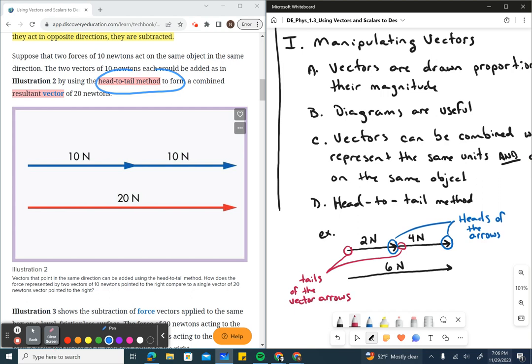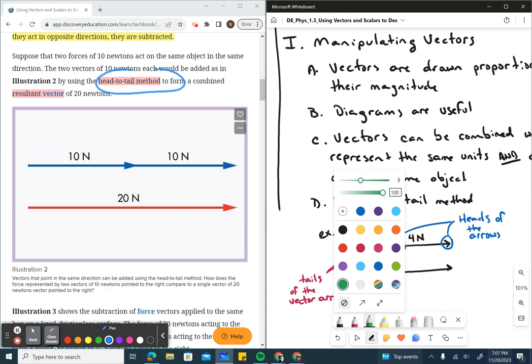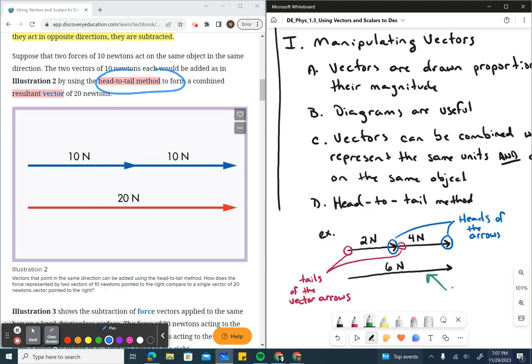Okay, so the purpose of me doing these notes with you, of course, is we're just trying to tear this apart and clarify things, okay? You could call this a resultant vector if you wanted to. This is a resultant vector. Okay, all right.